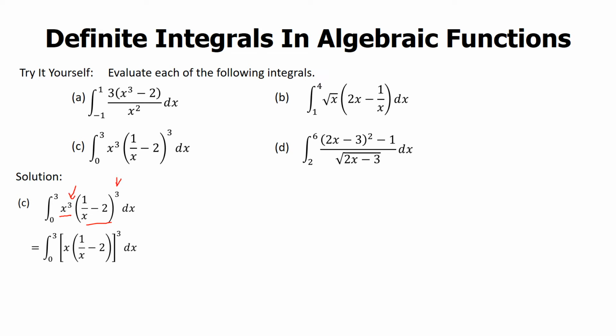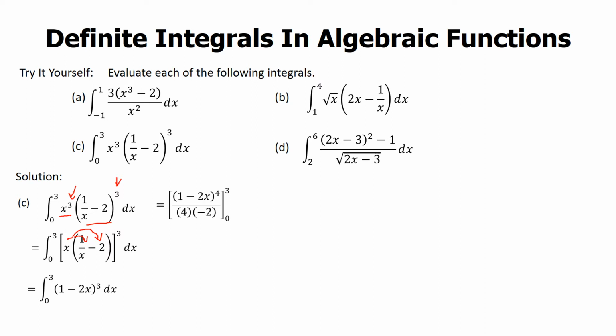So, we can combine them together, which becomes integration from 0 to 3 of the bracket x times 1 over (x minus 2) cubed dx. Now, we can multiply the x inside the bracket, which gives us integration from 0 to 3, (1 minus 2x) cubed dx.